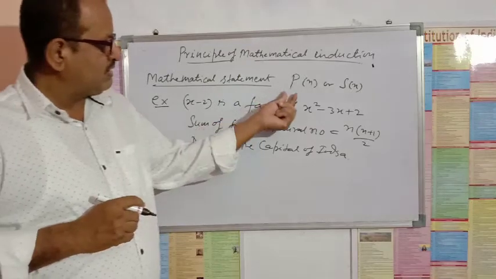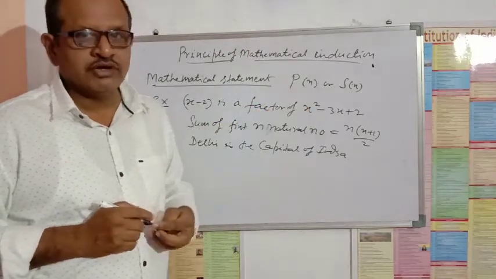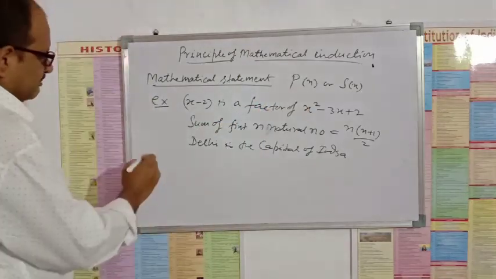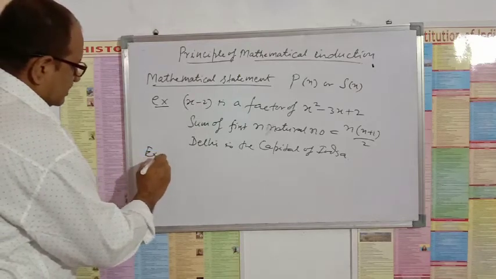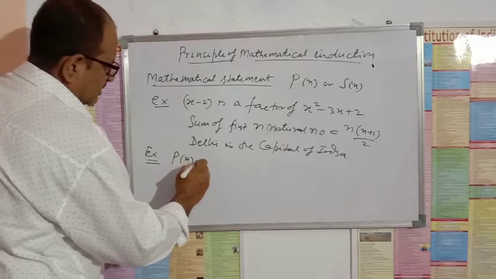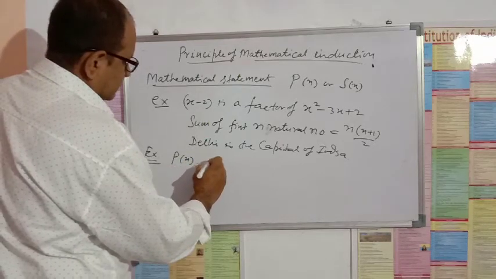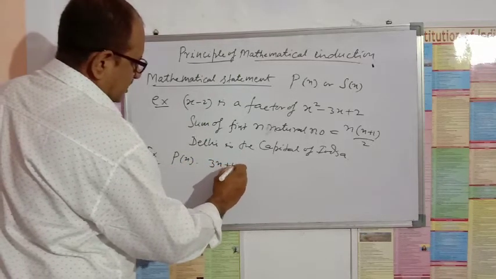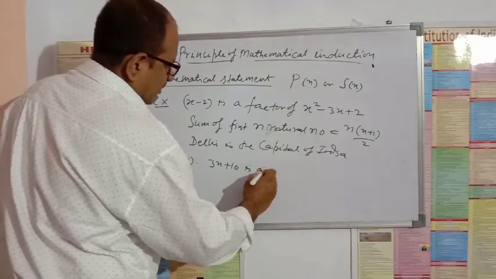How can we check whether a mathematical statement is true or not? See the example. Let Pn be the statement that 3n plus 10 is a prime number.